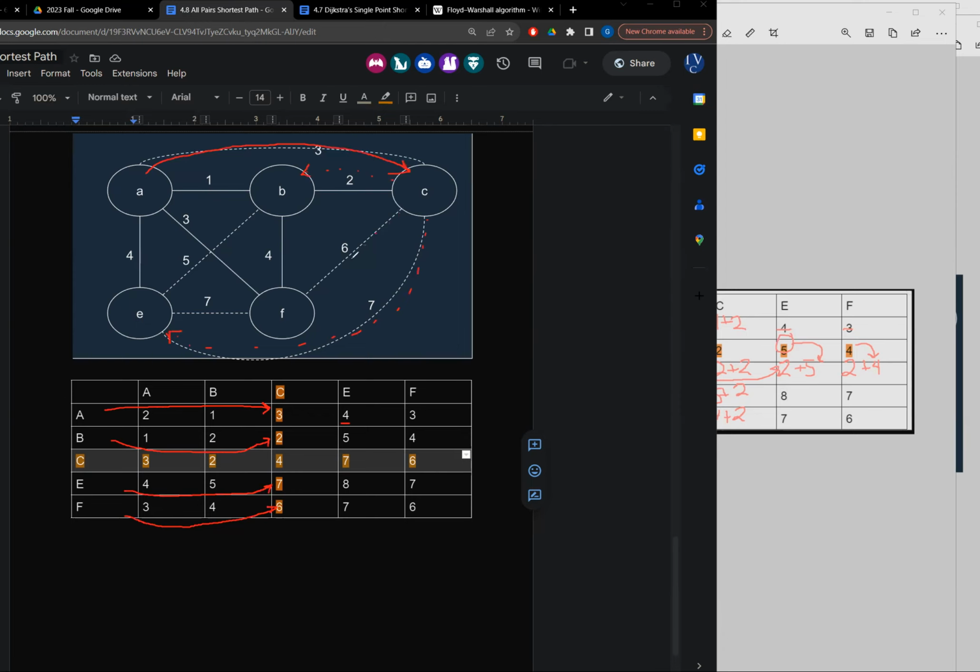And F. And we chose not to take that path. Coming out of A. B can go to C for 2. And then we have similar things. It's not going to take that path out. Not going to take that path out. Not going to take that path out.